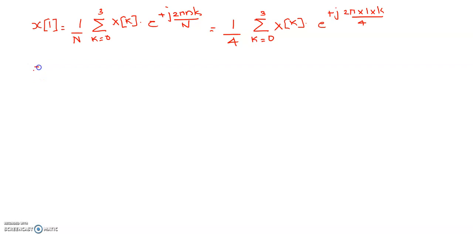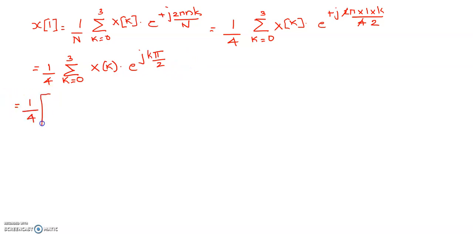So it will be 1 by 4 summation k equal to 0 to 3 x of k e raised to, when we cancel out this 2 and 4, it becomes 2. So it will become k e raised to j k pi by 2, as already seen earlier.